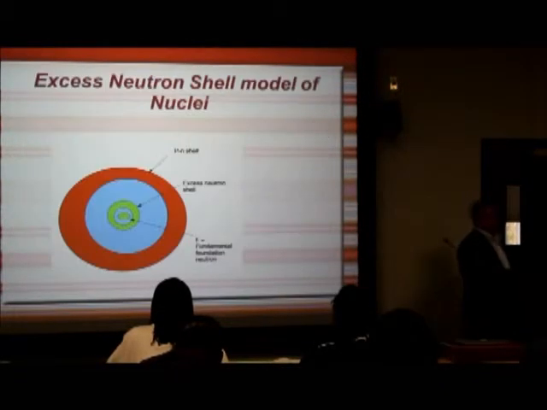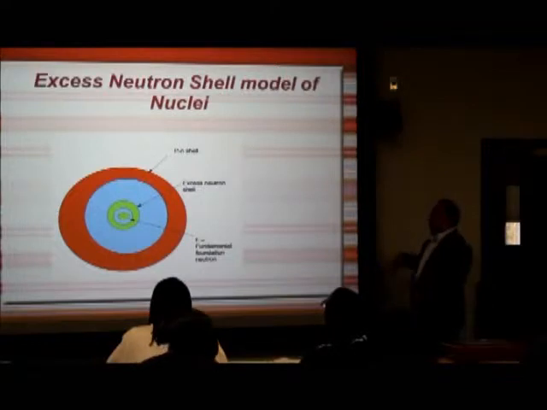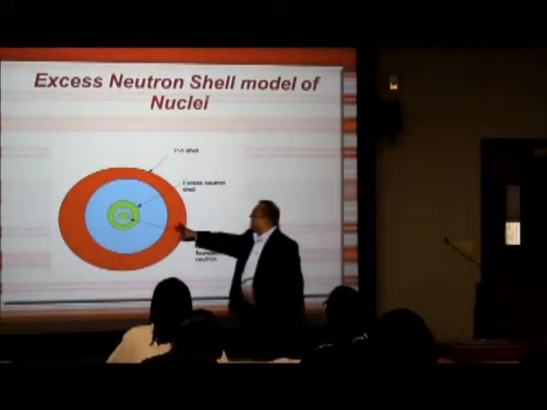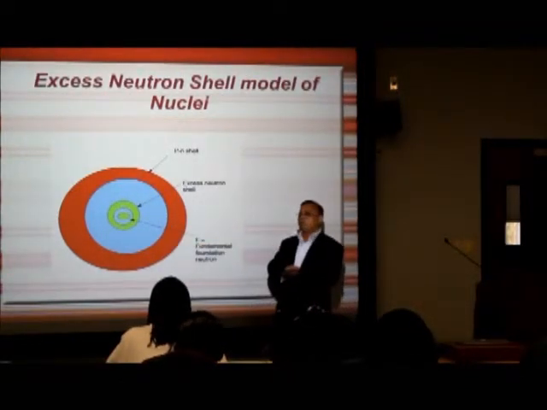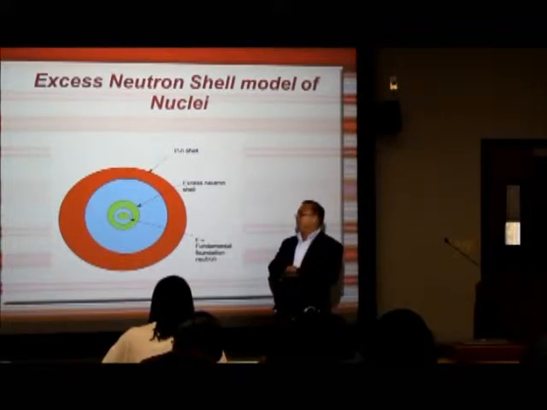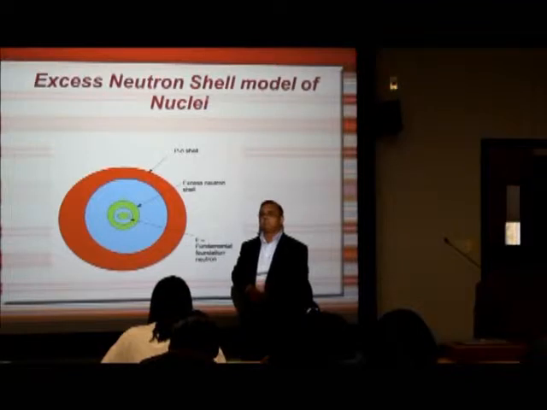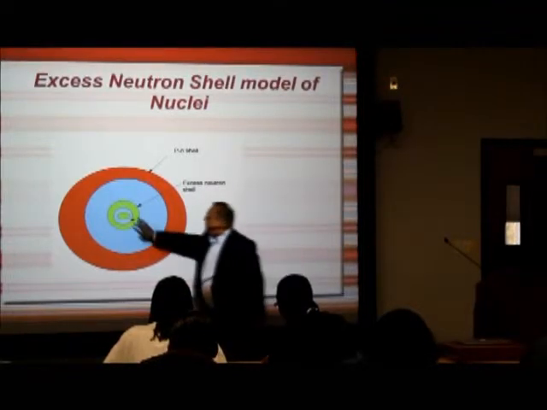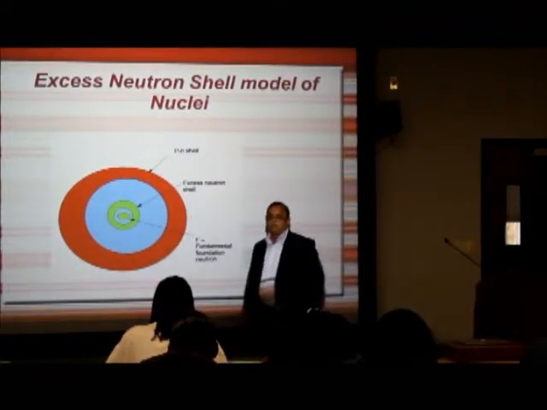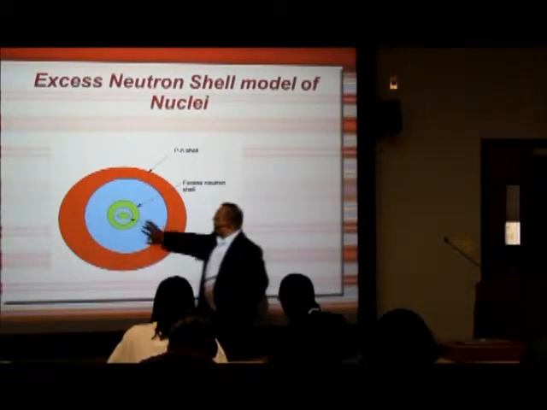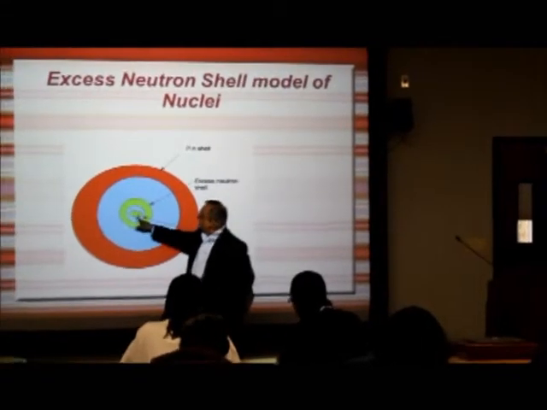Now let's go to that picture. There you go. So this shell has the balanced neutrons and protons. And this is an inside shell which is made up of only neutrons. There is one little green dot here.